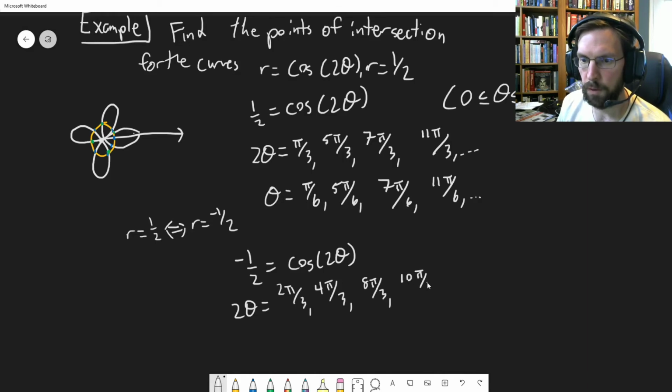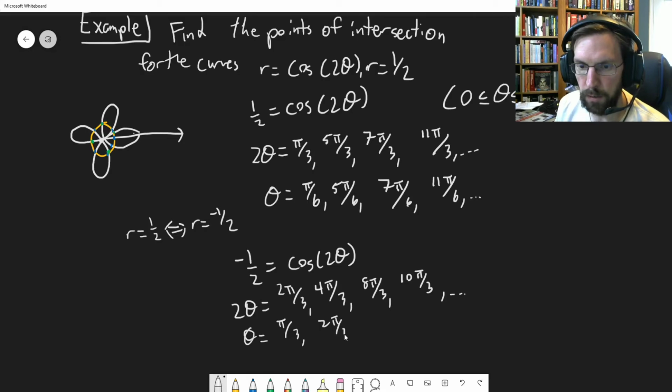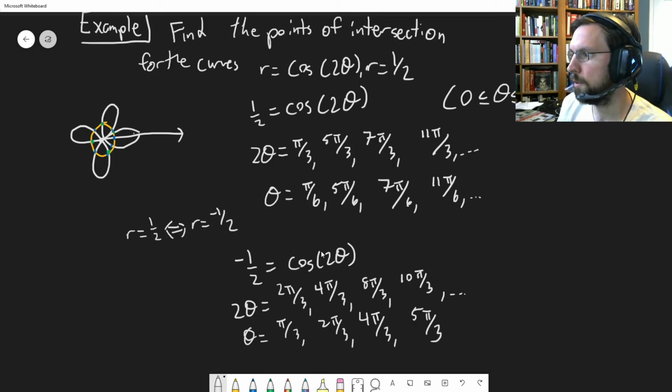Okay, and a lot more, but those, when we divide by 2 to get theta, are going to be pi over 3, 2 pi over 3, 4 pi over 3, and 5 pi over 3. Okay, and those should correspond to the other blue points.